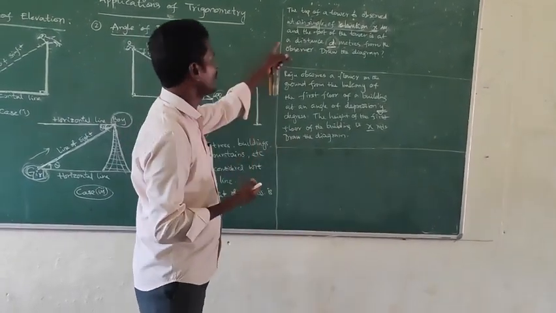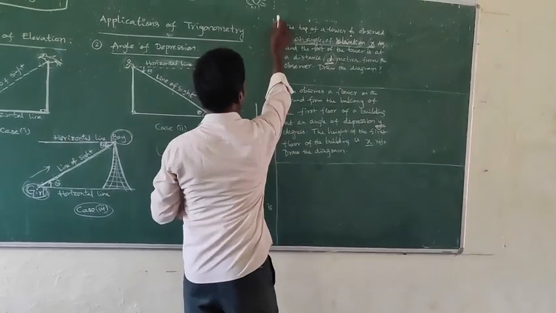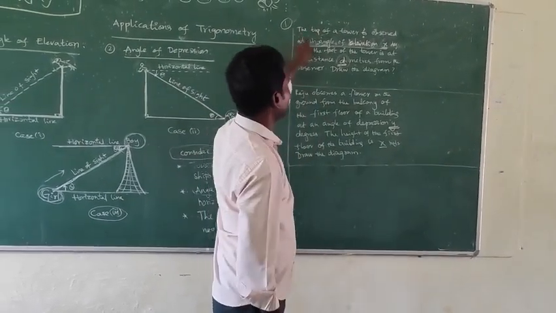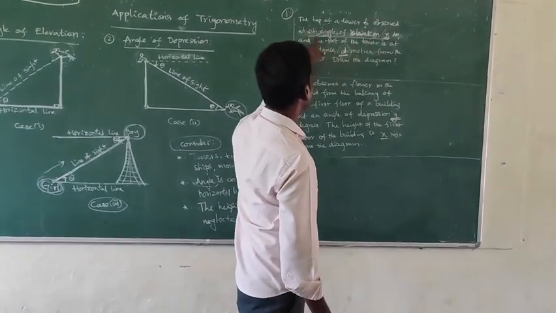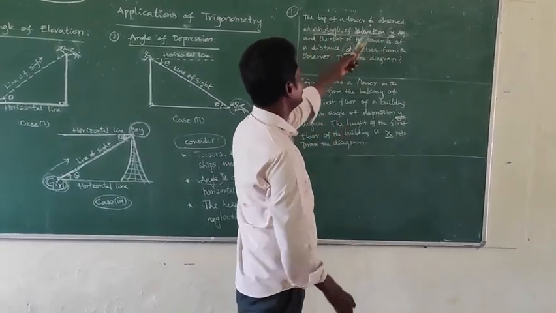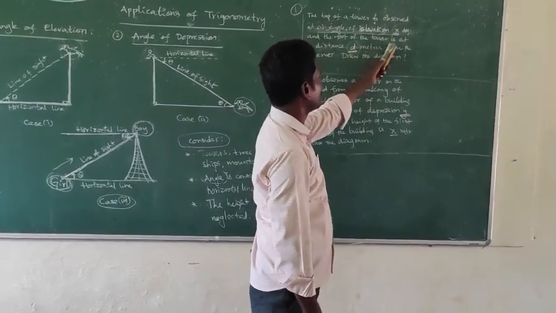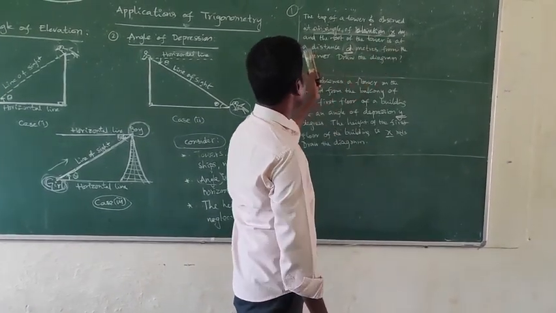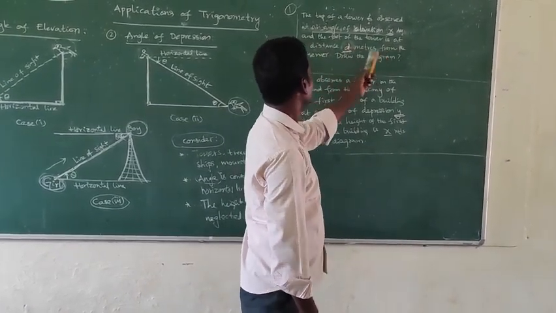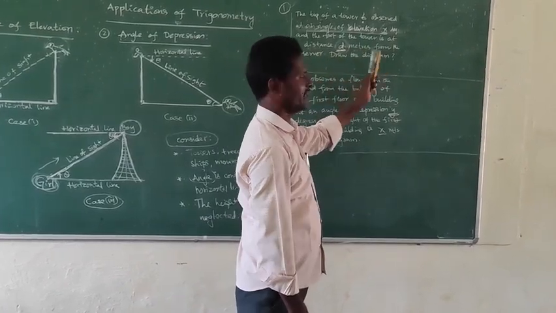Let's go for a small problem. The first one: suppose the top of a tower is observed at an angle of elevation x degrees, and the foot of the tower is at a distance d meters from the observer. Draw the diagram.